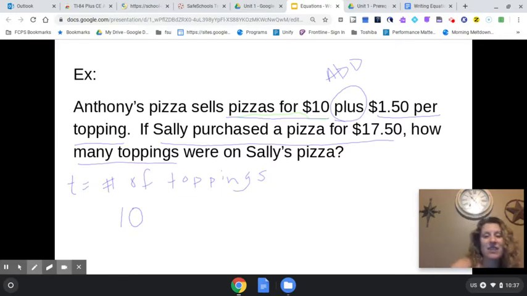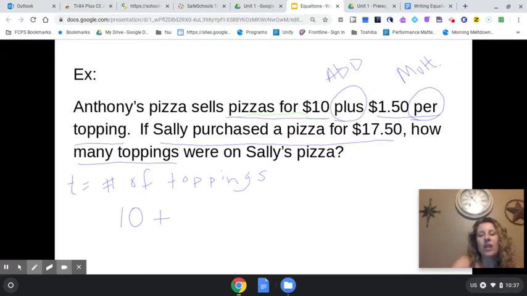Okay, so $10 plus $1.50 per topping. Per is another keyword, which per means to multiply. I'm going to abbreviate that MLT. Okay, so you want to again add per to your words under multiply.